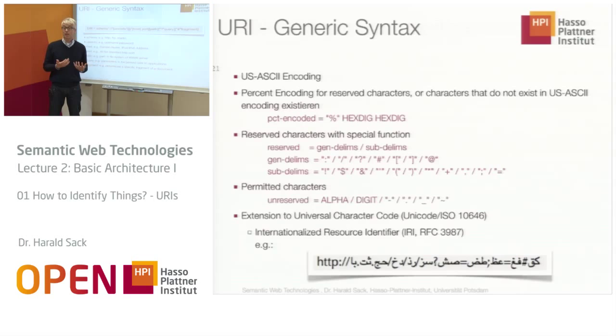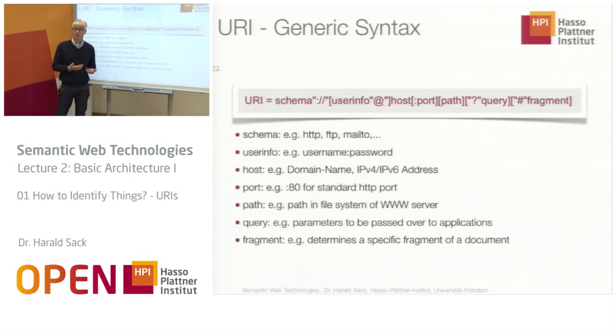In the end, the schema, how the URI is built, is pretty simple. You start with a schema that describes the primary access mechanism and the protocol that is used to get the address, to get the name. Then there are mandatory and there are, let's say, optional parts that are here in brackets, like, for example, the information about username and password, the information about port numbers to use, or a path name, or a query string, or a fragment identifier.